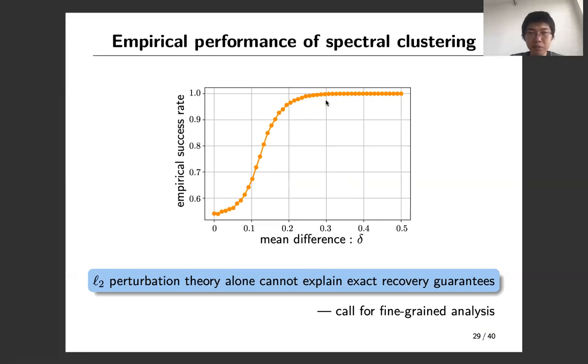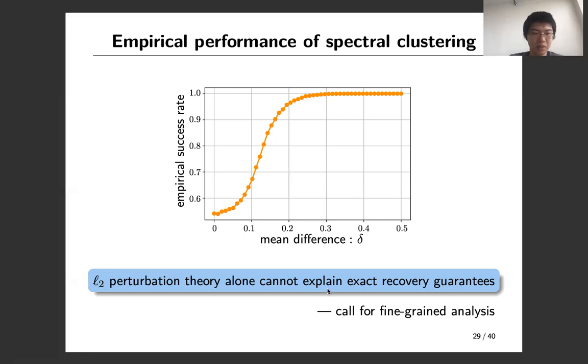As you can see from the graph, once the gap between P and Q is large enough, say larger than 0.3, then the empirical success rate is just 1. So spectral method always returns the correct community for every node, not just almost, but exact recovery.